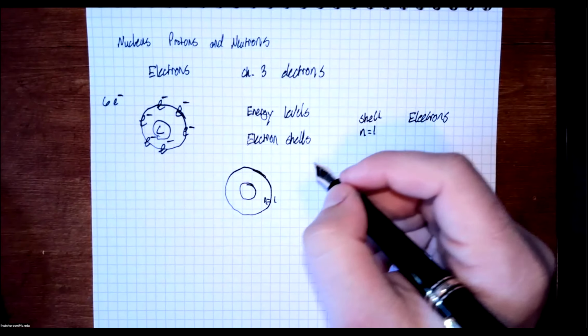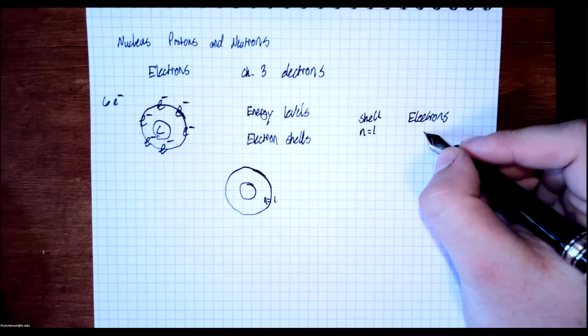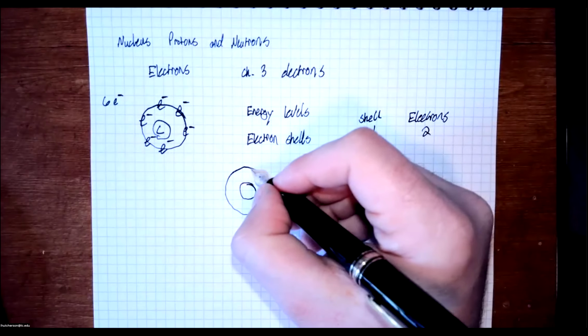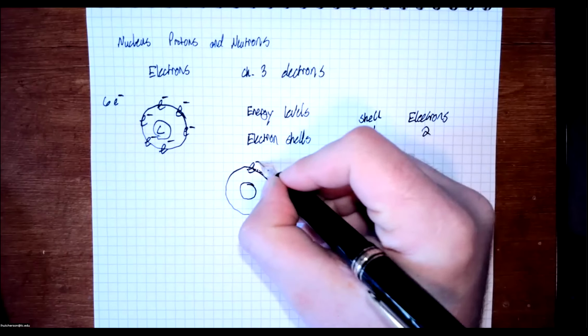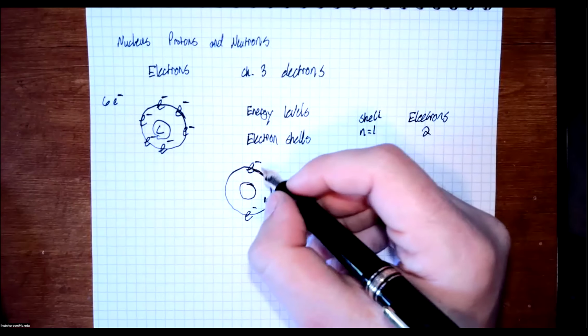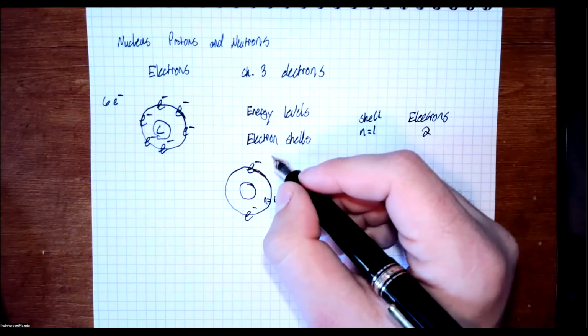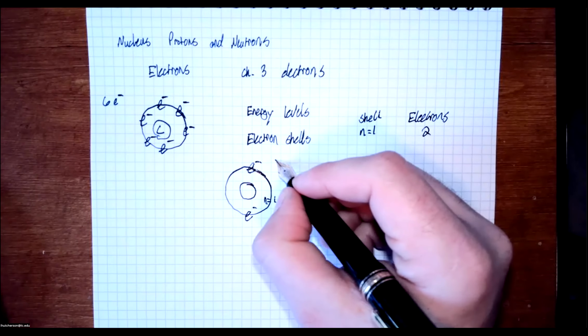Turns out the n equals 1 shell can actually just hold 2 electrons. So if we look at our carbon, we have 2 electrons in the n equals 1 shell. We have 6 total, we know. So they have to go somewhere else.